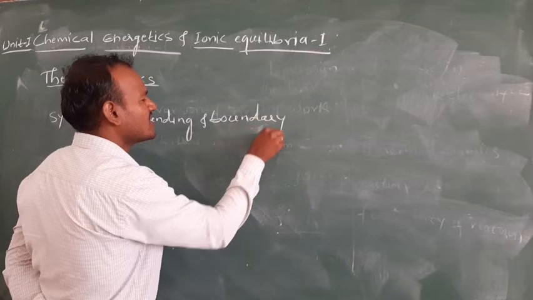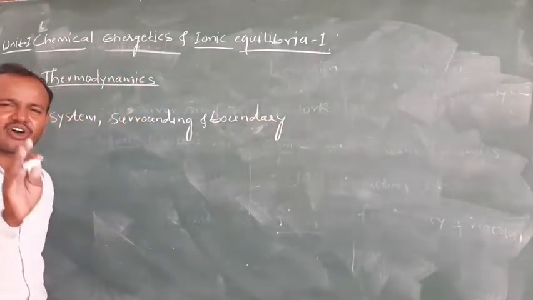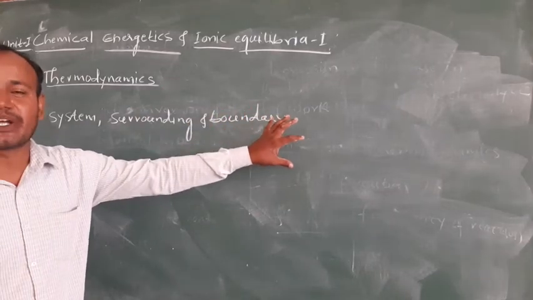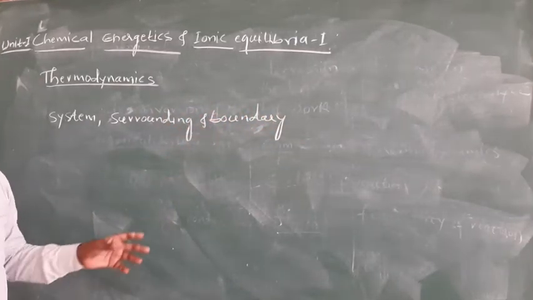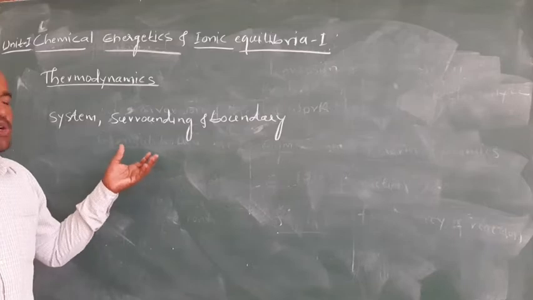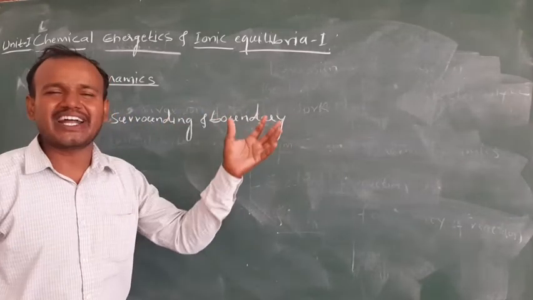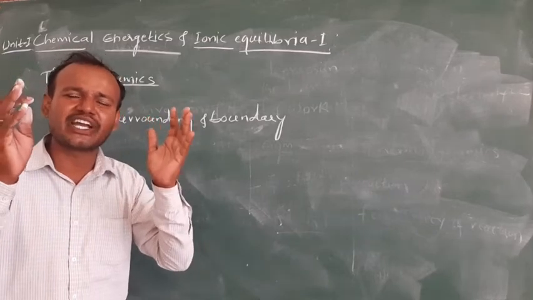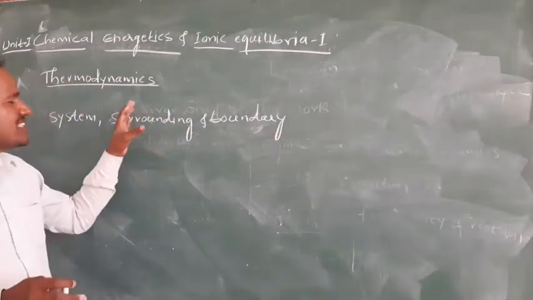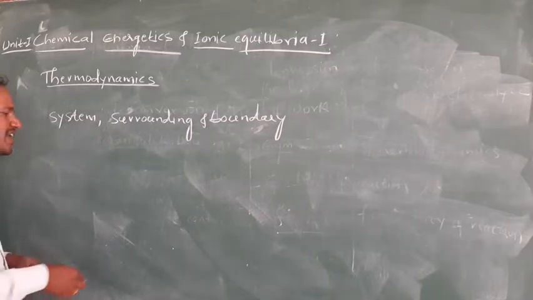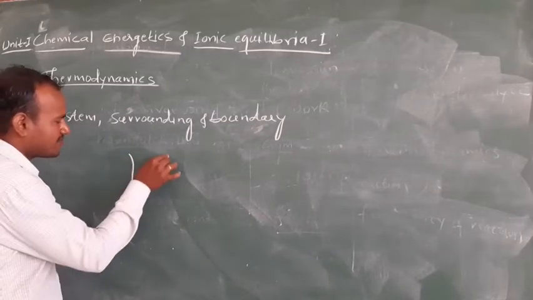Don't try to write the definitions, not necessarily, but you must have some clarity regarding these words, because in various cases I will use them: system, surrounding, boundary. At least you must have that mental picture in your mind of what these terms mean.